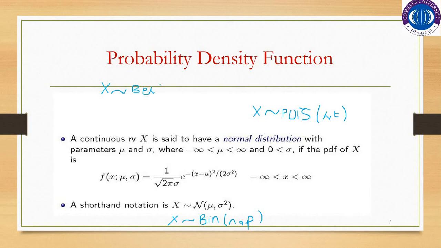For the Bernoulli trials, it has one parameter, p. So this is the way to write out the shorthand notation that your random variable is following a specific distribution, with obviously the distribution having parameters.